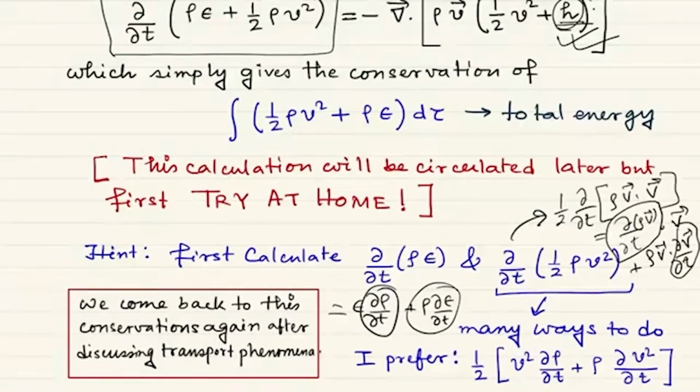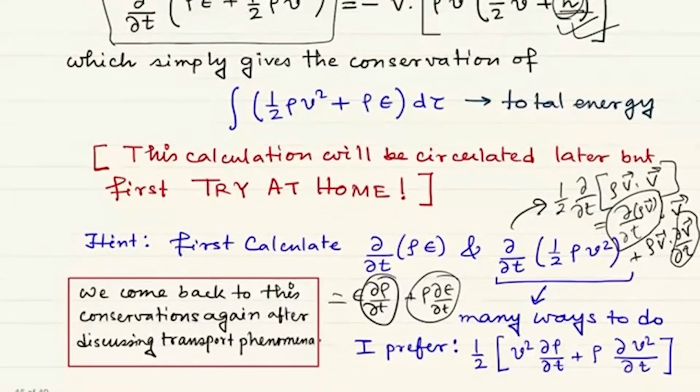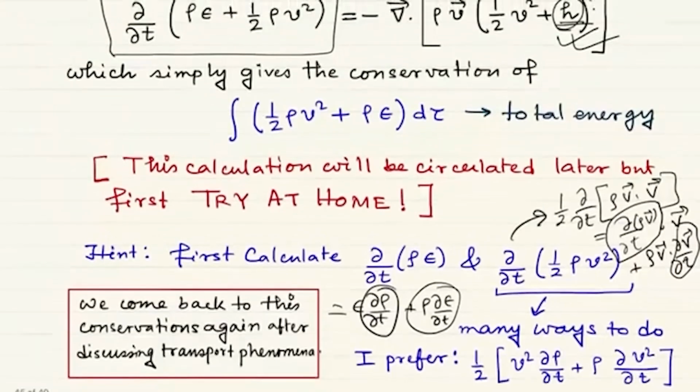If you do that correctly and carefully, you should be able to show the conservation of the total energy. We will come back to these problems of conservation again when we discuss transport phenomena and real fluids, because then you will see that there are some other effects. For example, some viscous effects will be coming there.